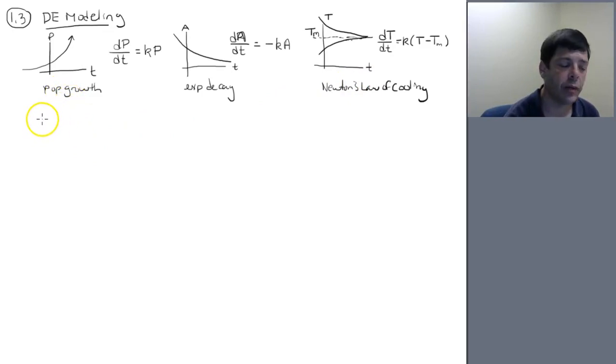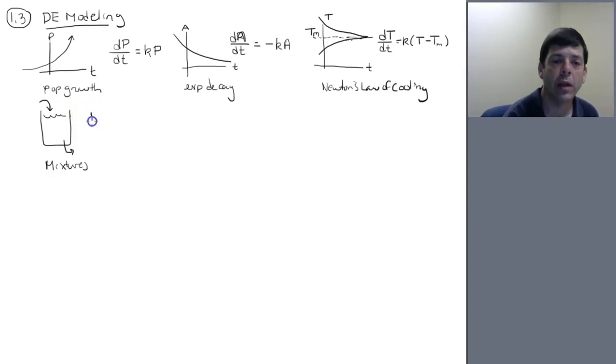Then we have things like mixture problems in the textbook, where you have a vat of mixture, with some things being poured in and potentially some things being drained out.